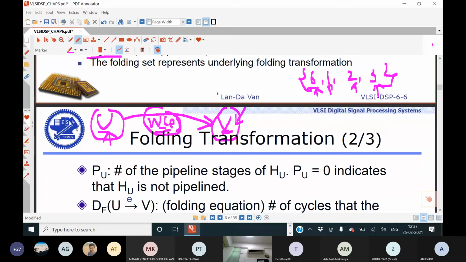So the execution of V is totally dependent upon this W value as well as the execution of U. Now the execution of U also depends on how the internal pipelining of U is applied. This U is one particular functional unit, and it could be pipelined also. When I say P of U, then P of U is the number of pipeline stages available in my HU.